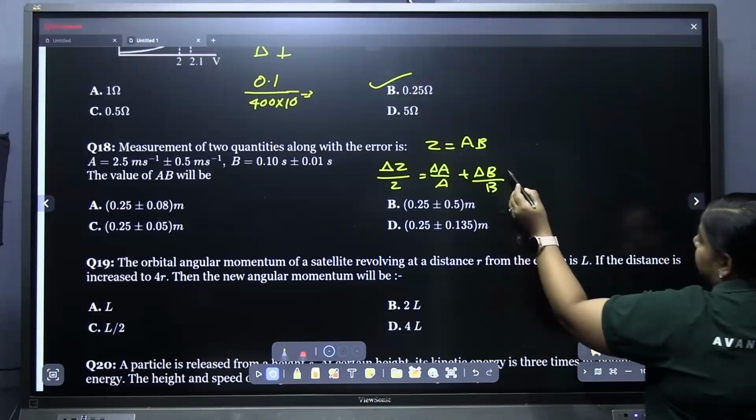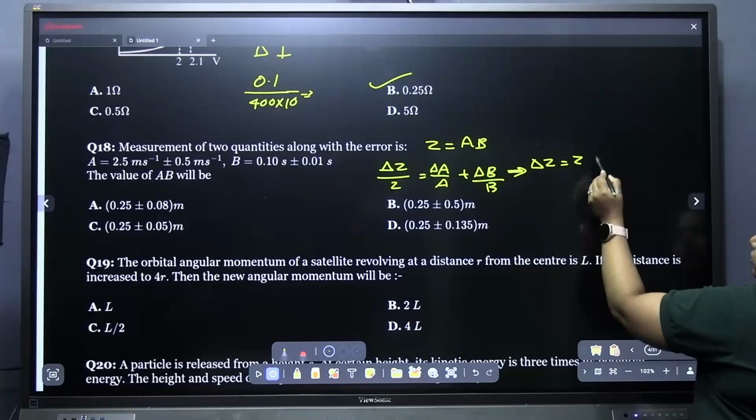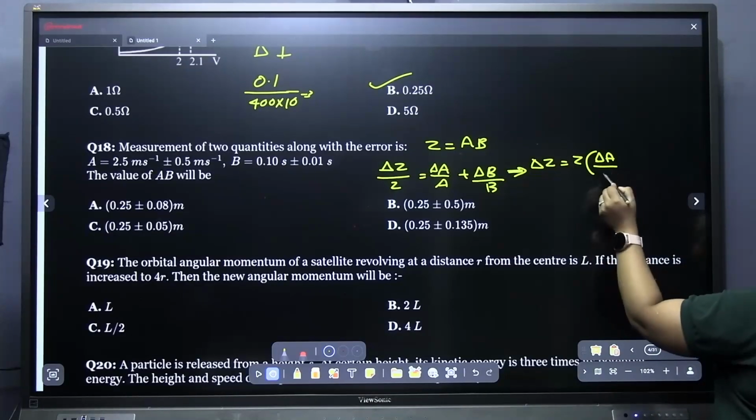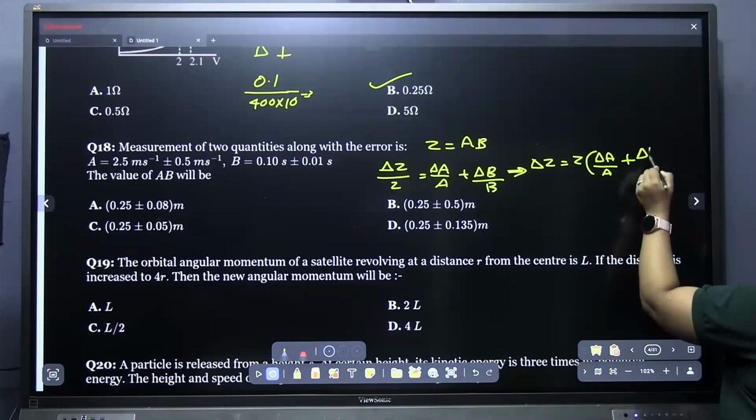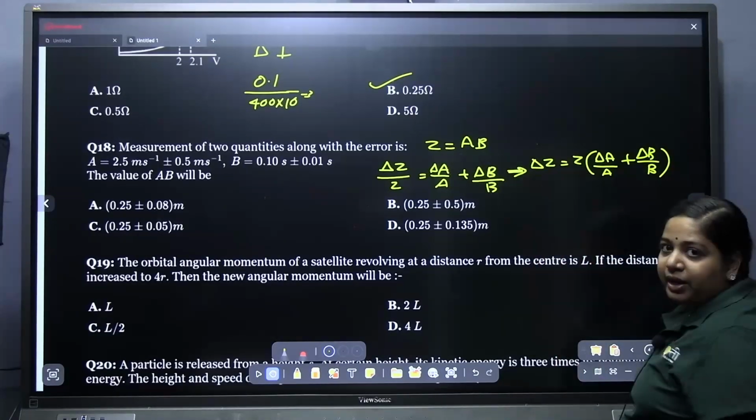So, which means delta Z, if you want to find, it is Z into delta A by A plus delta B by B. Z is nothing but AB, right?